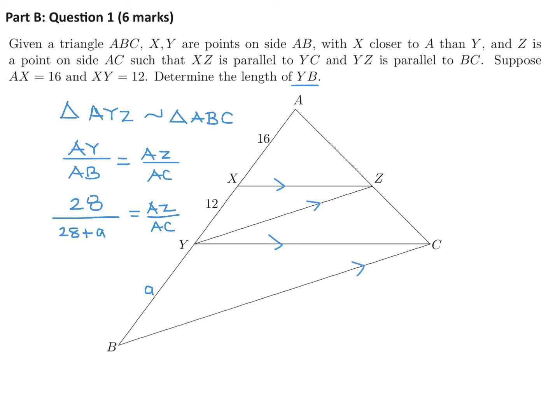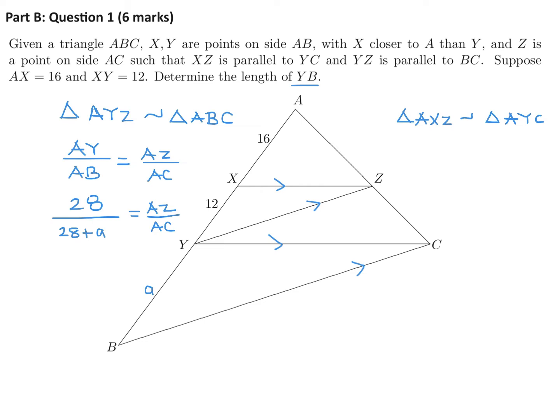We have another similar triangle situation. Triangle AXZ is similar to triangle AYC. AXZ is this one, and AYC is the bigger one. They are similar because they have the same angles, because these two lines are parallel.